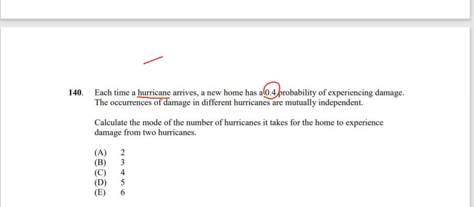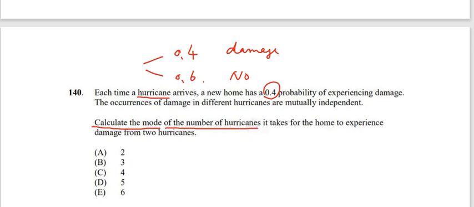If there comes a hurricane, we have a 0.4 chance of damage, and then 0.6 no damage, right? Okay, so what do we want to find? We want to calculate the mode of the number of hurricanes.